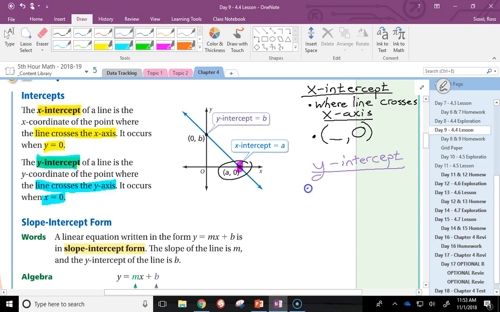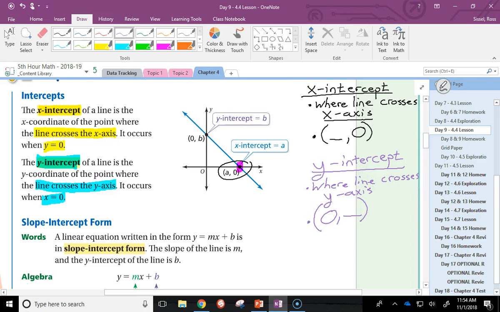Key point: where the line crosses the y-axis. And on this one, we know our x is going to equal 0.